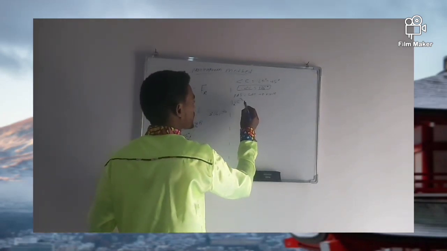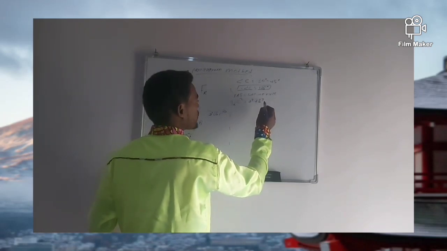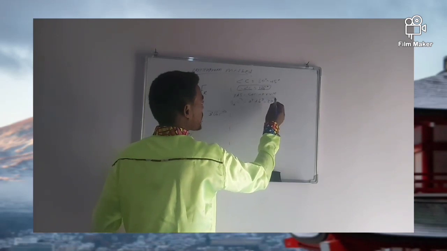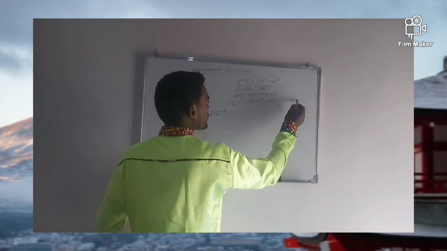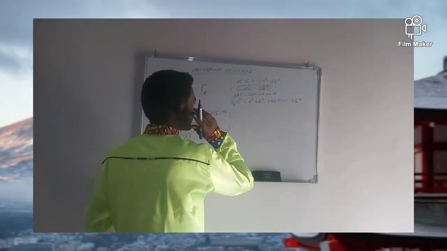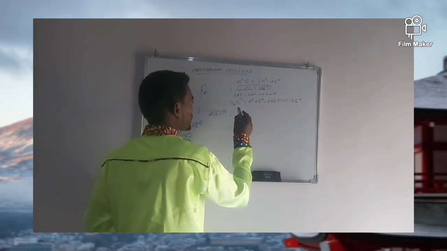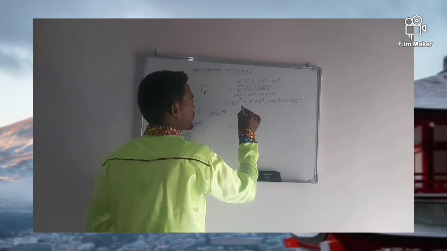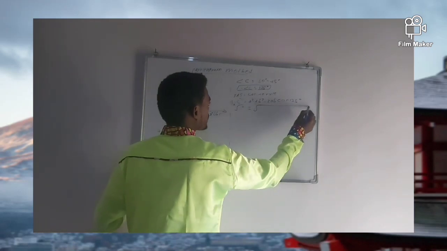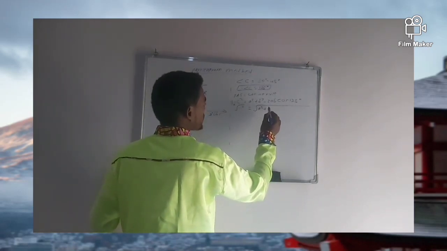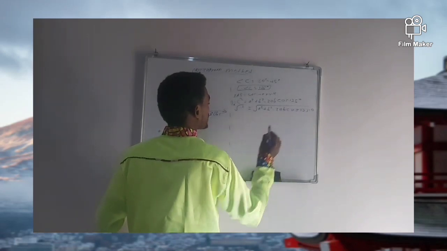C square is equal to a square plus b square minus 2ab cos of 135 degrees. Now, to have C or the resultant force, let us put it all under root. C equals the square root of a square plus b square minus 2ab cos of 135 degrees.